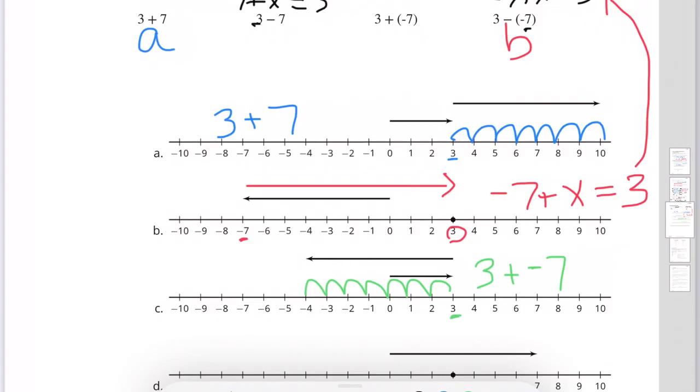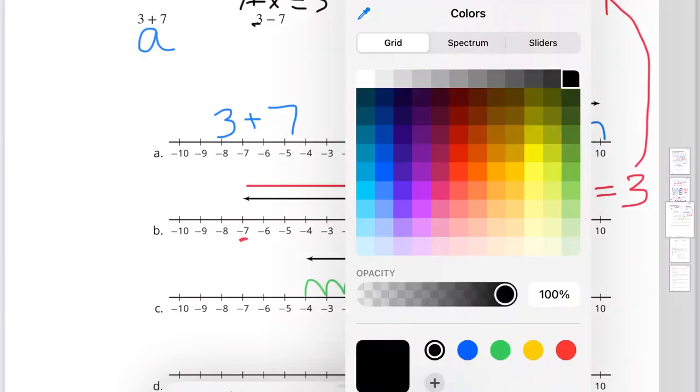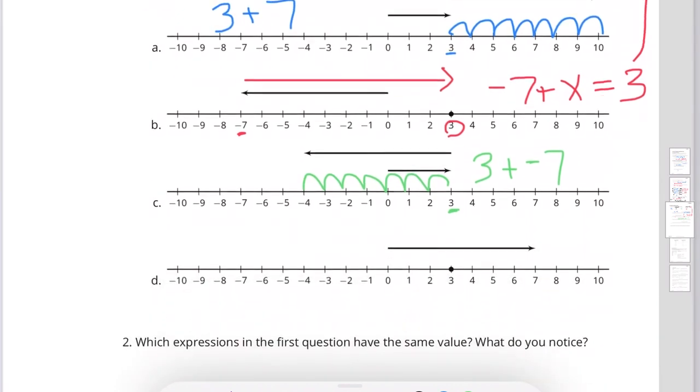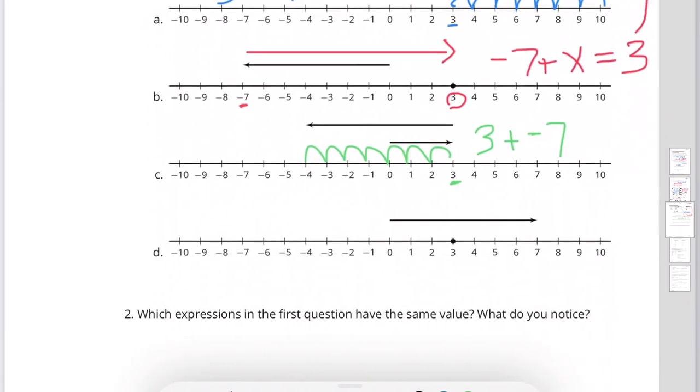So that means diagram C matches 3 plus -7, which tells me that the next equation must be for 3 minus 7, which is also 7 plus x equals 3.